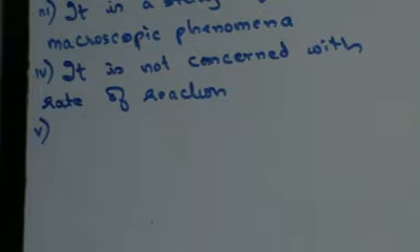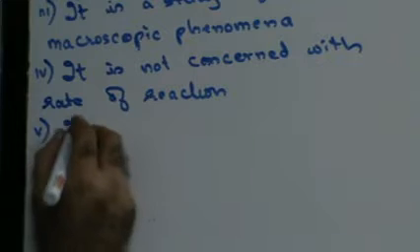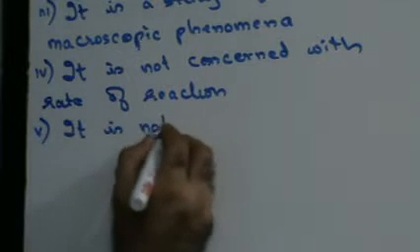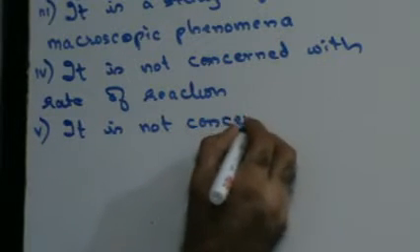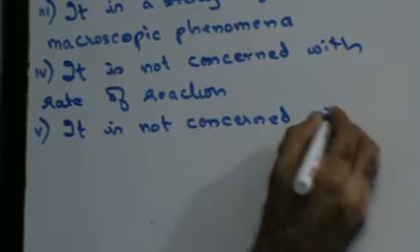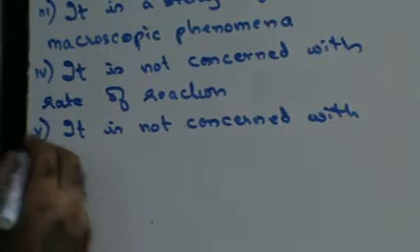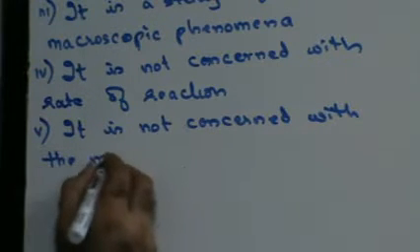And last, it is not concerned with the mechanism of reaction. All it is concerned with is the initial form and the final form, the initial value and the final value. What was the mechanism behind it? Thermodynamics does not concern itself with that. So the last limitation is that it is not concerned with the mechanism of reaction.